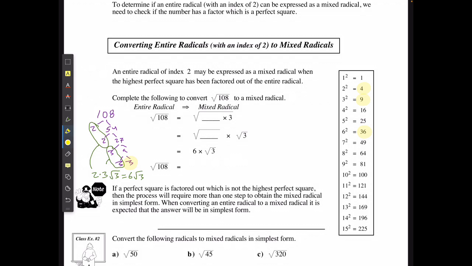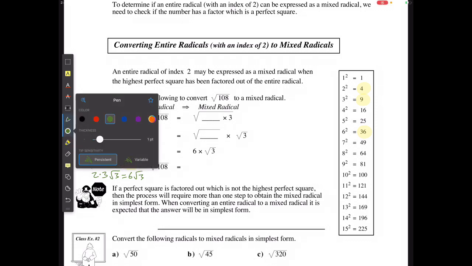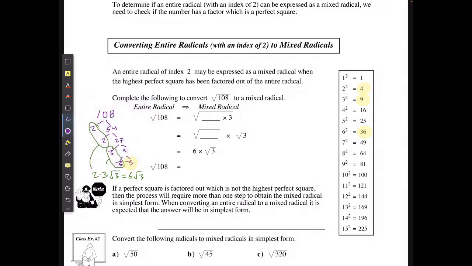And in this case, 36 is the biggest perfect square I can divide out of here. So I would say that's the square root of 36 times 3. And the square root of 36 is the same as 6. So I can simplify this to 6 root 3.